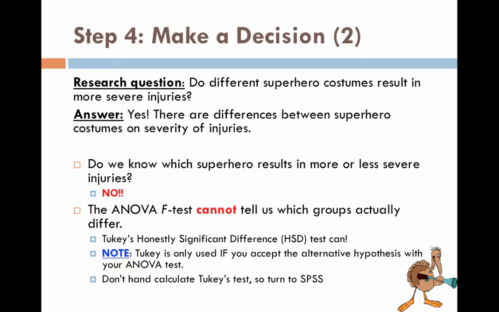The thing is though, we don't hand calculate Tukey's test. We only get Tukey's test by performing it in SPSS. So let's turn to SPSS to actually get not only our Tukey's test but also our overall omnibus ANOVA F-test.